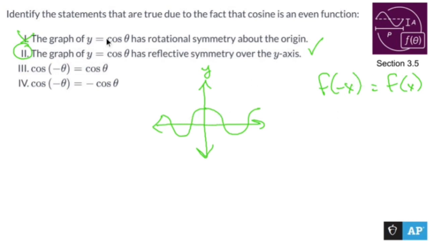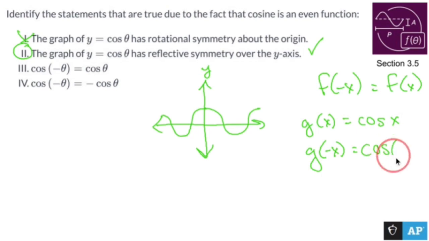In a case like this, let's say g of x equals cos x. G of negative x means cos negative x. So cos negative x, if these guys are allowed to be the same, is going to equal cos regular x, which is what 3 says.